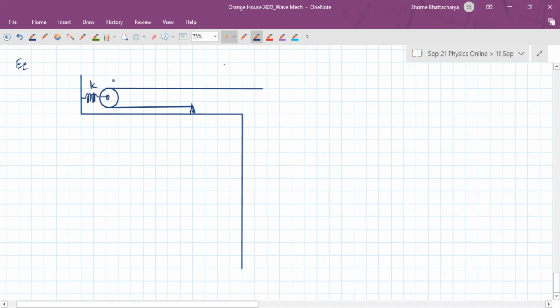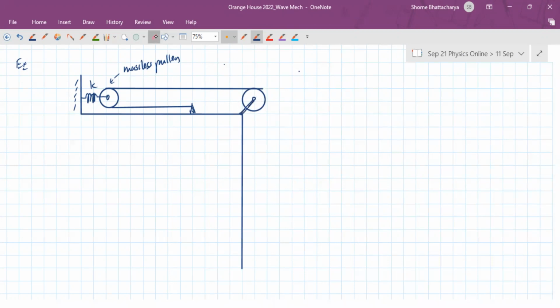So we have a spring of constant K attached to a massless pulley here. This is another smooth fixed pulley.